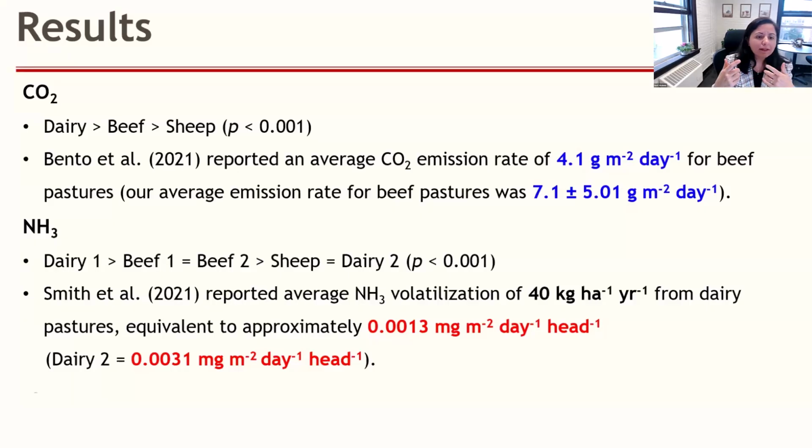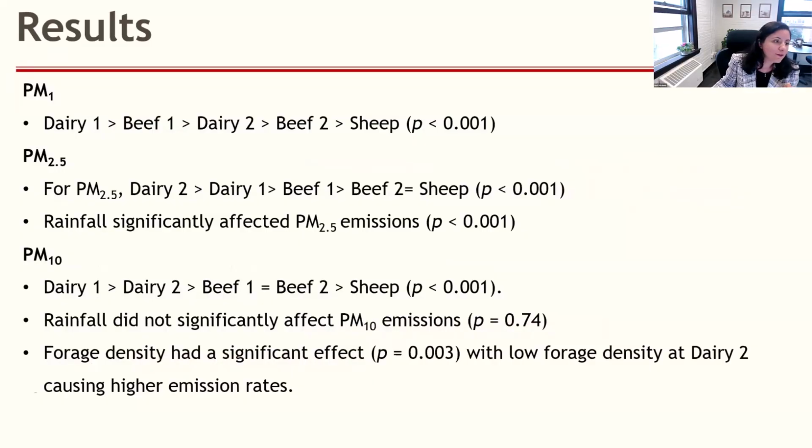And then when we think about ammonia emissions, or when I show data like this, maybe it doesn't ring a bell, but when we think about concentrations, all these concentrations were only slightly over the atmospheric level. So there were some emissions coming out of the pastures, but there wasn't anything very significant. I can go through these, but one thing that affected PM2.5 was the rainfall.